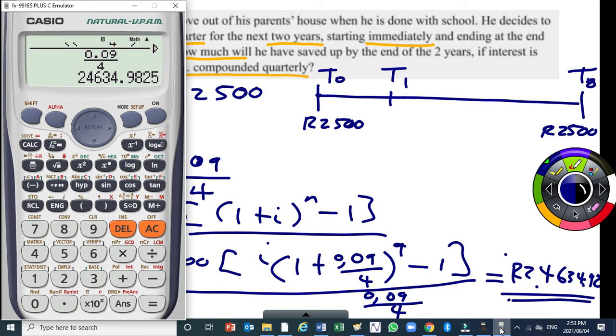Again, just to remind you, it's financial maths. You always round off your answers to 2 decimal places. The final answer must be 2 decimal places. Is that clear to everyone? Yeah, your final answer must be rounded off to 2 decimal places.